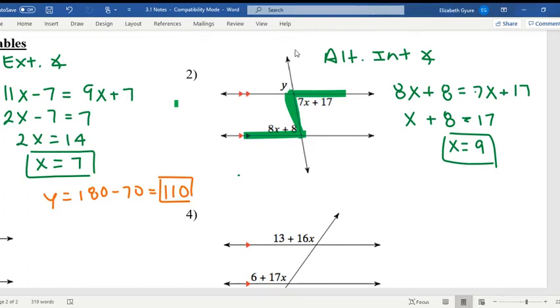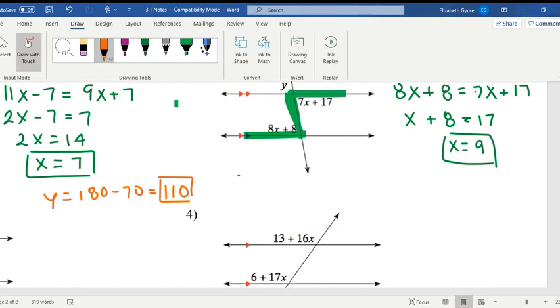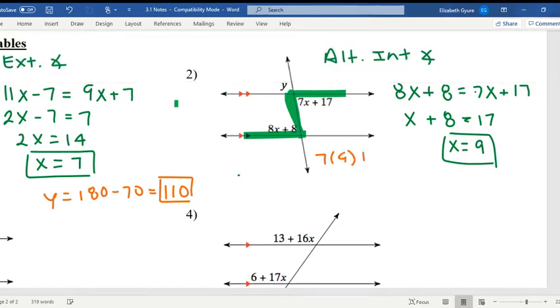If you take a look here, don't you have your little X shape? These are vertical angles. Okay, so y is a vertical angle with 7x plus 17. So we're going to use that same strategy we used on the first one. I'm going to plug 9 in here. That gives me 7 times 9 plus 17. 7 times 9 is 63.